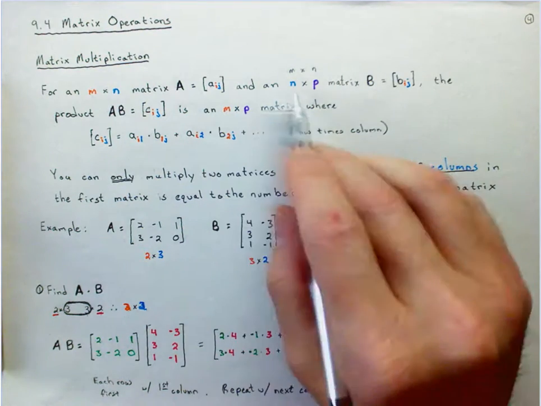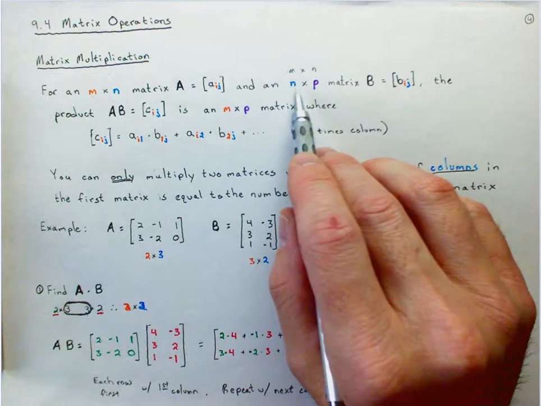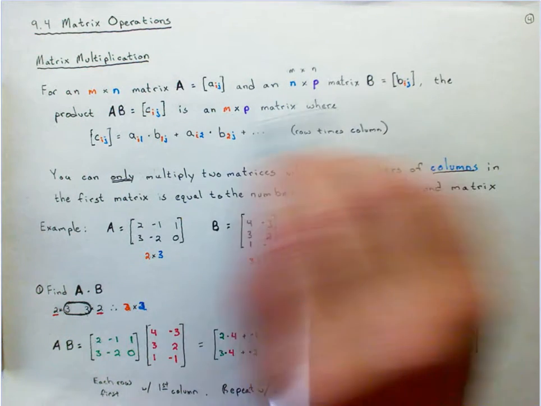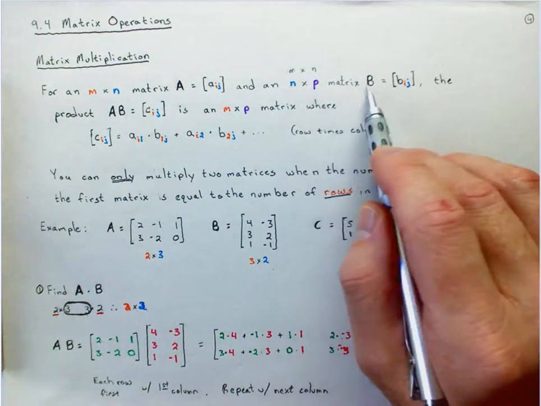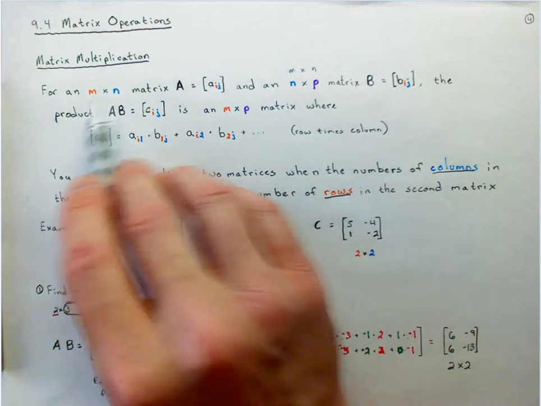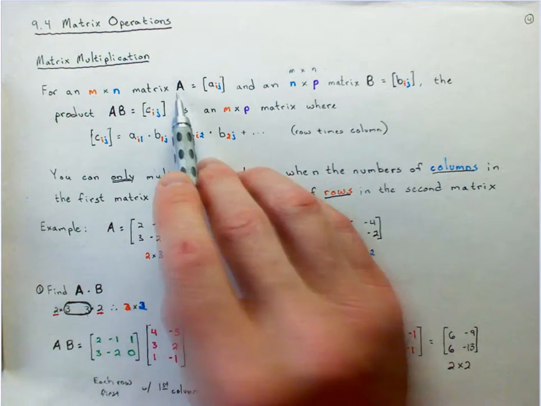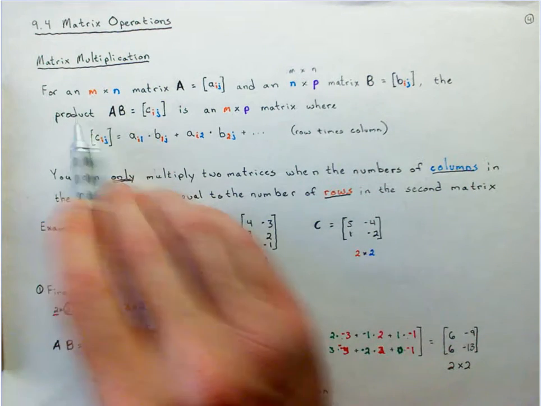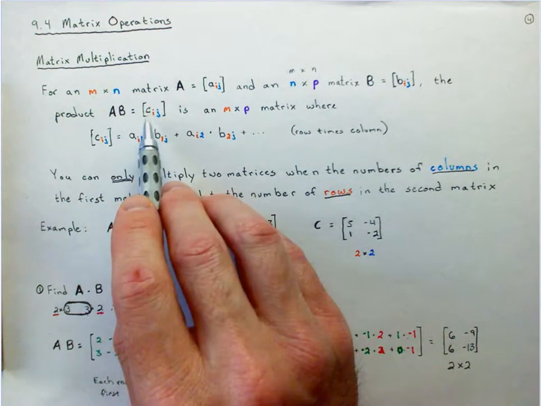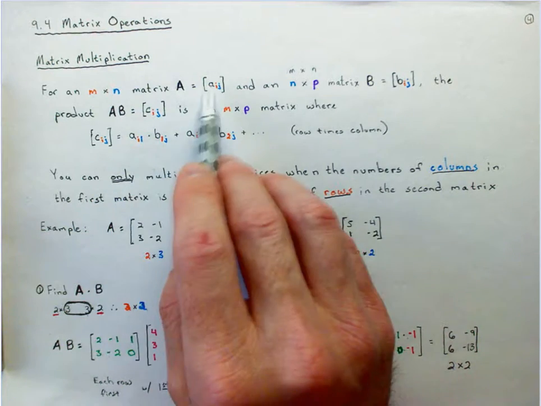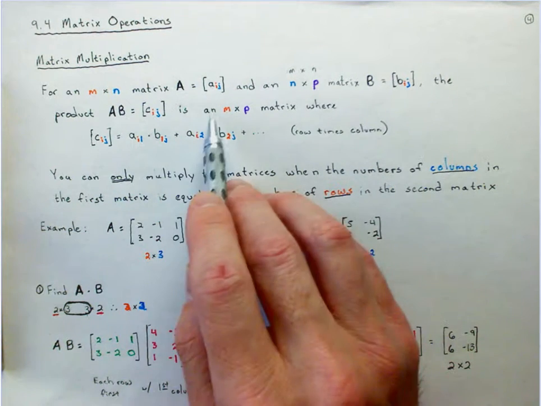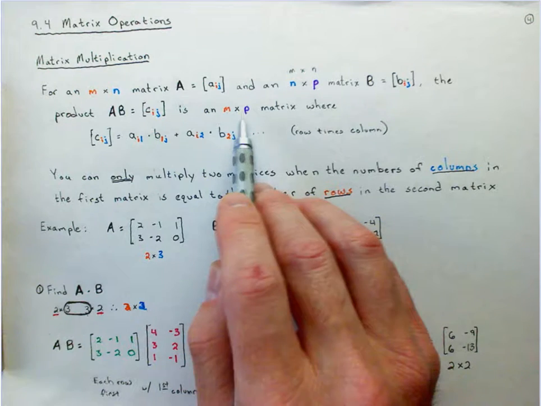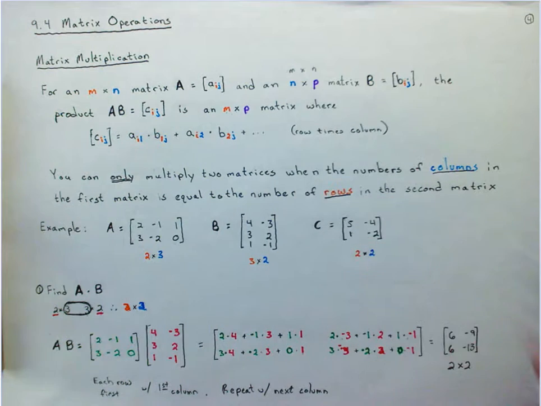The reason it's color coded in different letters is because it deals with matrix B. So the product A times B, and we'll call it C, is an m times p matrix.